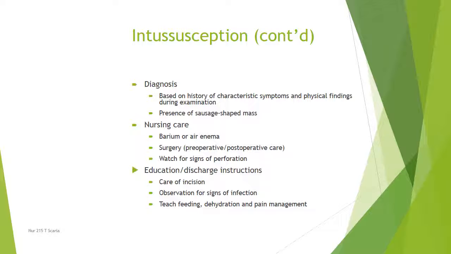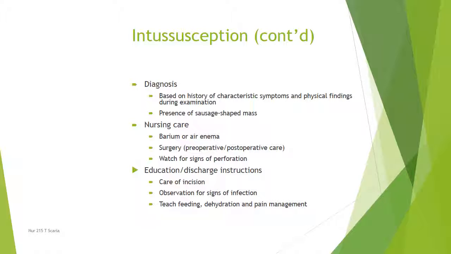So I forgot to tell you that in pyloric stenosis, the olive-shaped mass is also felt in the right upper quadrant. In intussusception, it is a sausage-shaped mass. That is the difference between them when you do a physical examination. The nursing care includes barium or air enema to reduce the intussusception.